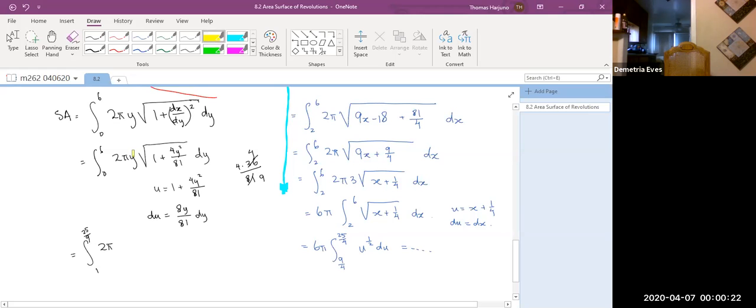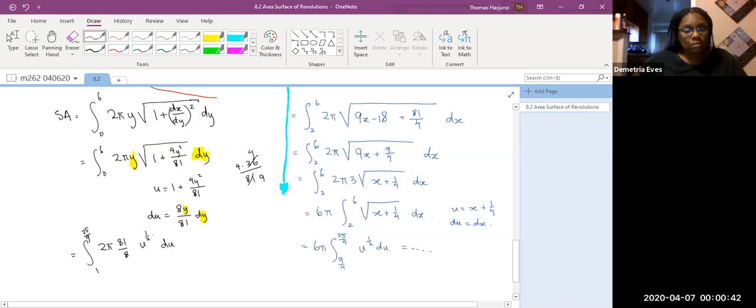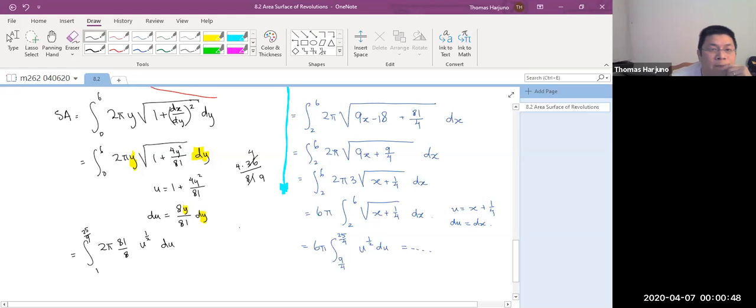So this is my y dy, so that will be 81 over 8 du, and then I have u to the power of 1 half. I think this one is integrable.